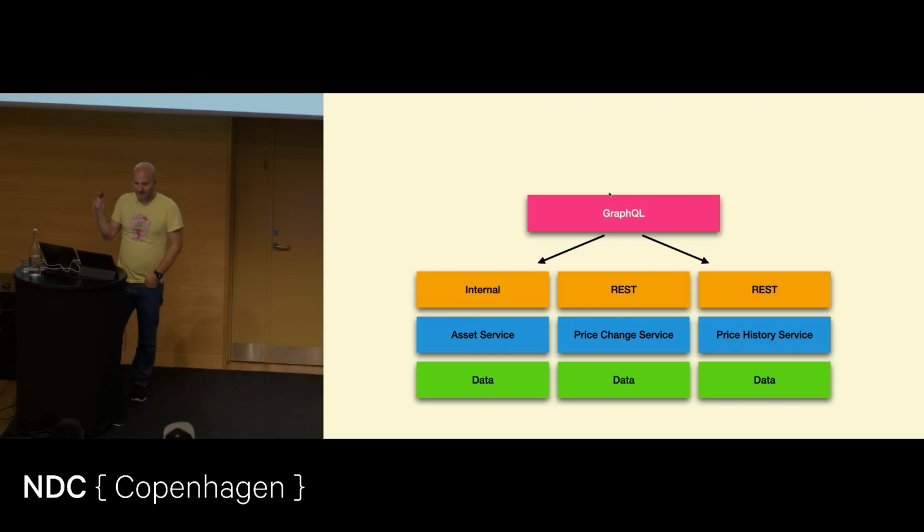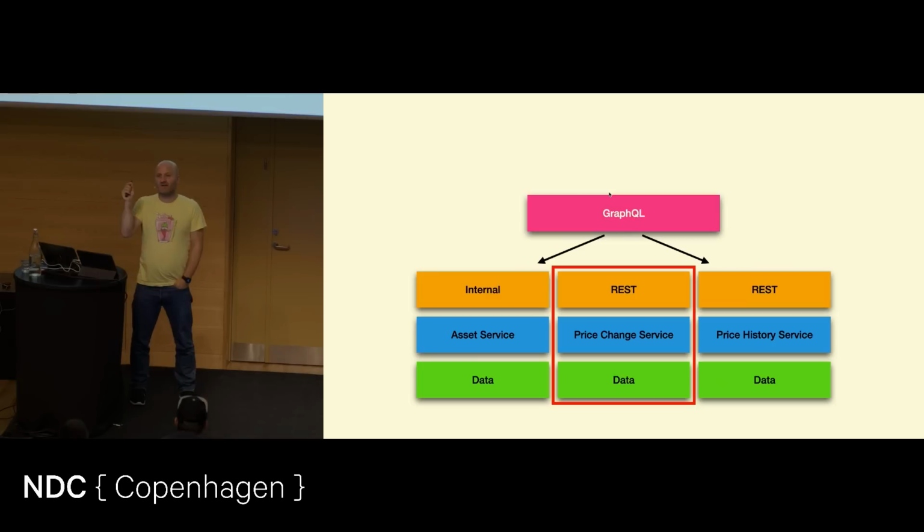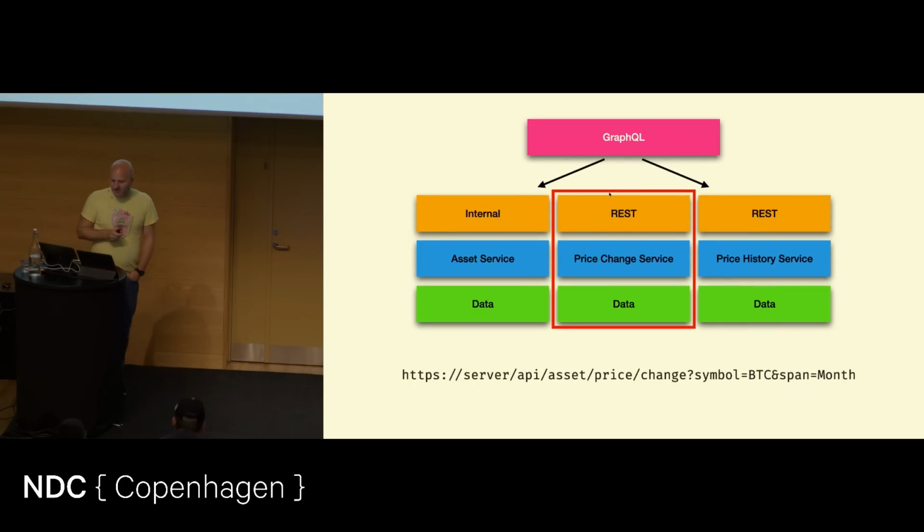For instance, in our example here, we will have a price change service that lives in the cloud as an Azure function and provides aggregated data functionality, like the percentage change that a coin does in a specified amount of time. So our REST service has a URL like this. You can call it.